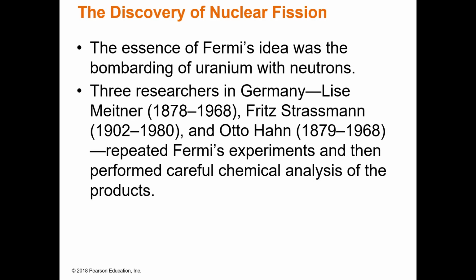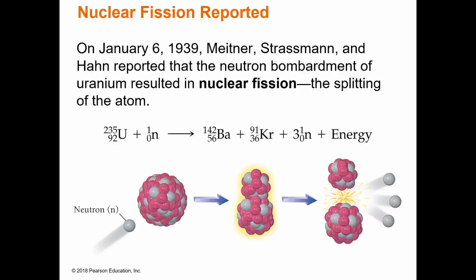This was the first confirmed discovery of nuclear fission, breaking an atom apart and releasing energy. And that energy? It's immense. Much more than you get from any chemical reaction. That's the same energy that powers nuclear reactors and atomic bombs. And in medicine, it's the process used to generate radioactive isotopes for treatments and scans.